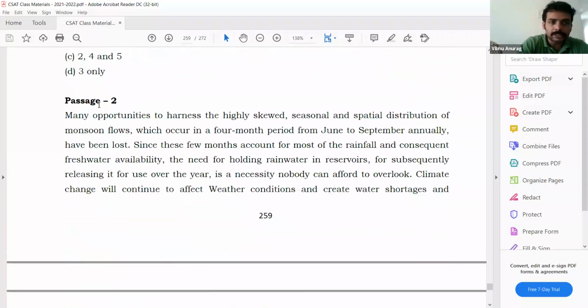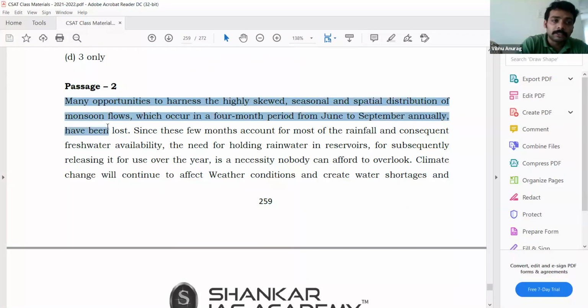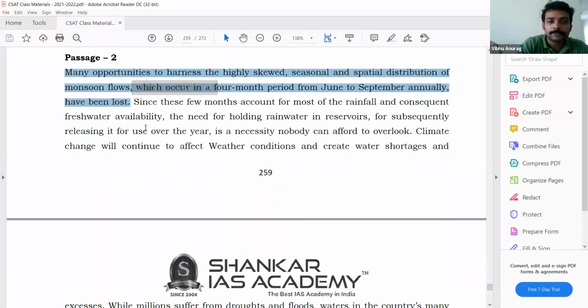Okay, then passage 2. Many opportunities to harness the highly skewed seasonal and spatial distribution of monsoon flows, which occur in a 4-month period from June to September annually, have been lost. So here we talk about rainwater harvesting, and we have lost many opportunities.